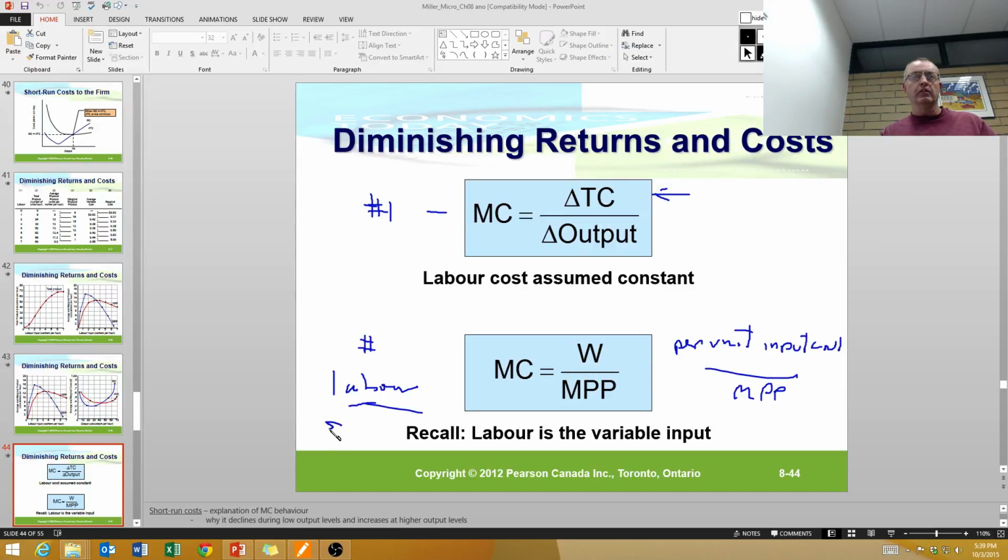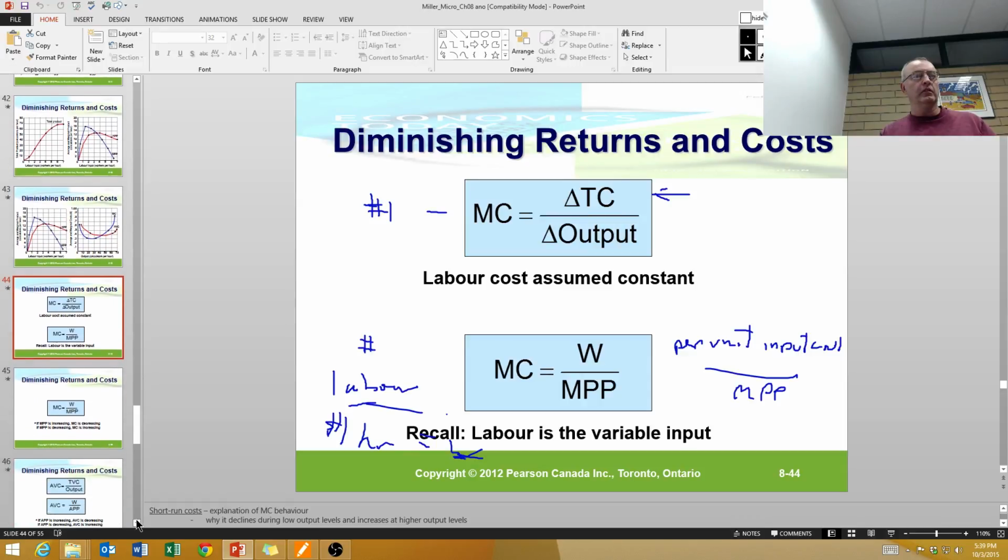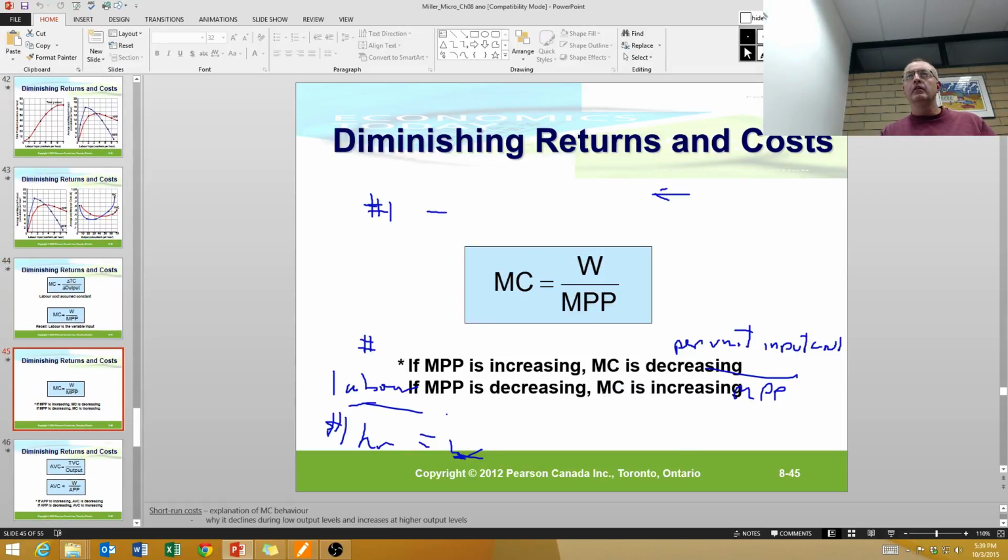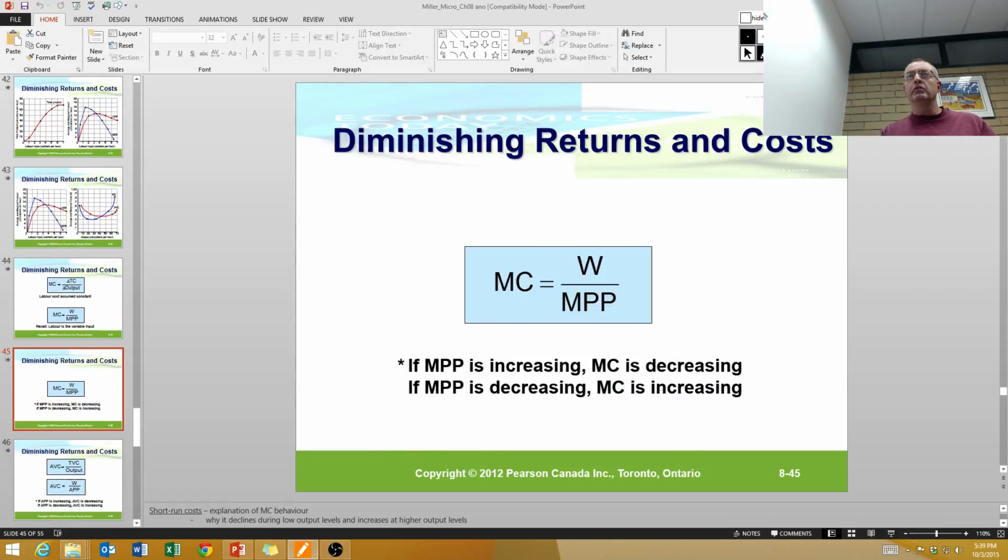So the dollars per hour is the wage rate, which is represented by W. We can see intuitively, if the wage rate is $5 an hour, obviously this is a very old example, if the denominator increases, then the result is going to decrease.